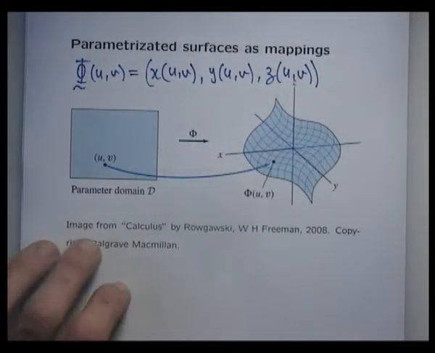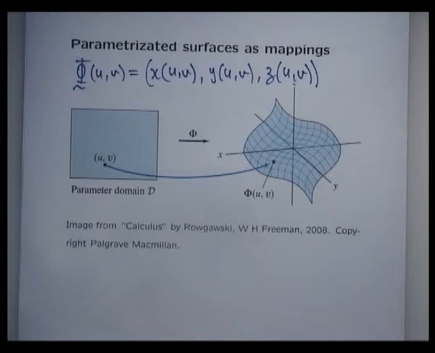This is how we write our parametrization. And you can think of this coordinate system, or actually it's referred to as curvilinear coordinates.